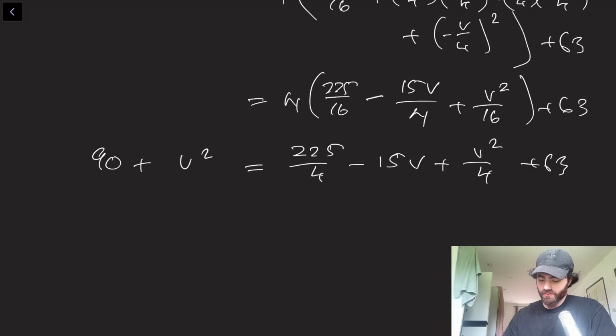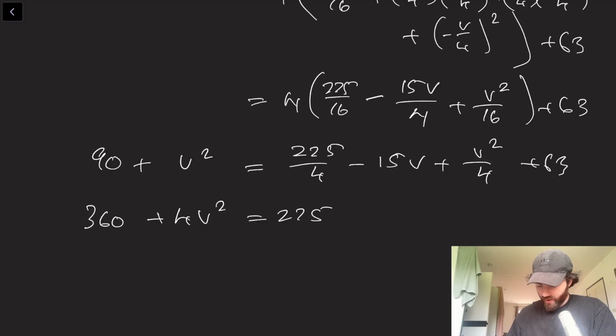Guess I could times through by 4 to make it easier. I times through by 4, 90 times 4, this would be 360 plus 4v squared equals 225 minus 30 times 15 times 4. We're timesing it by 4 again.